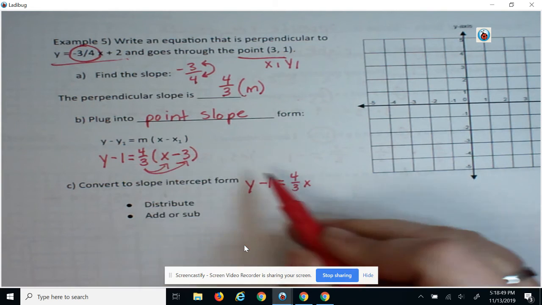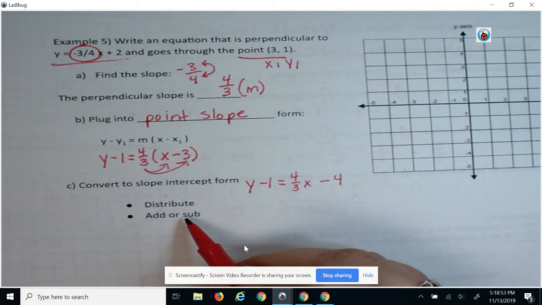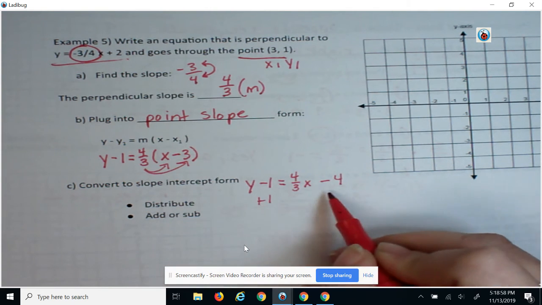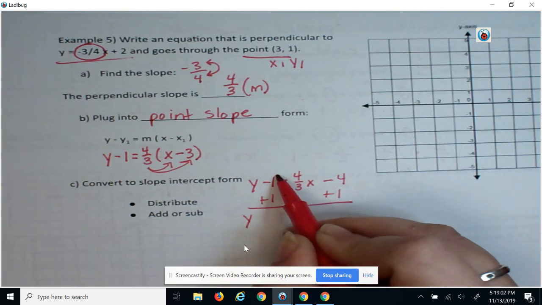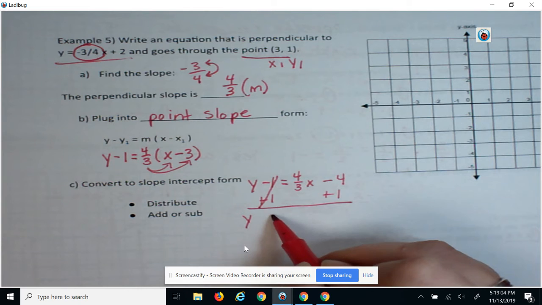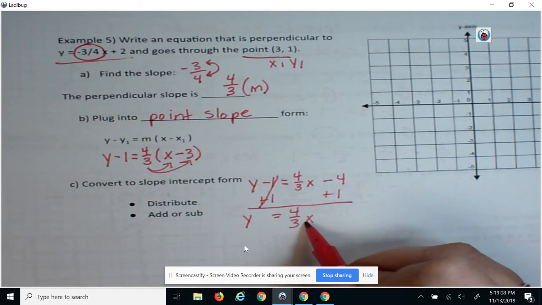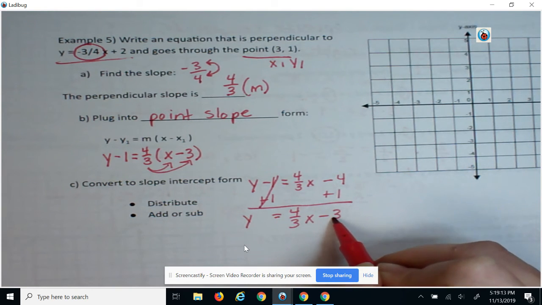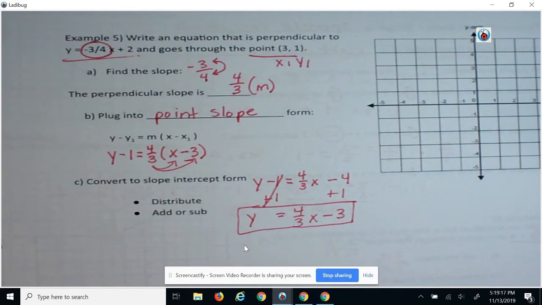There's a minus there, so I'm going to put minus 4. Then I add or subtract the number with y. Since it was a minus 1, I'm going to add 1 on both sides. So bring down my y, bring down the equals, 4/3 x, negative 4 plus 1 is negative 3. So there is my equation.